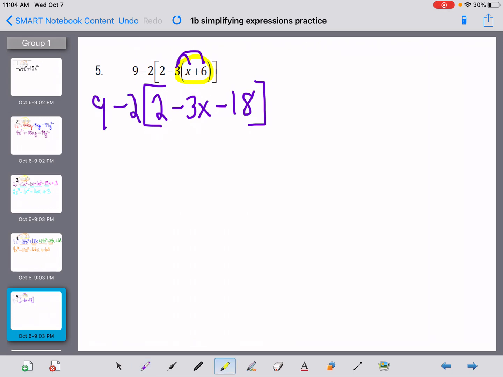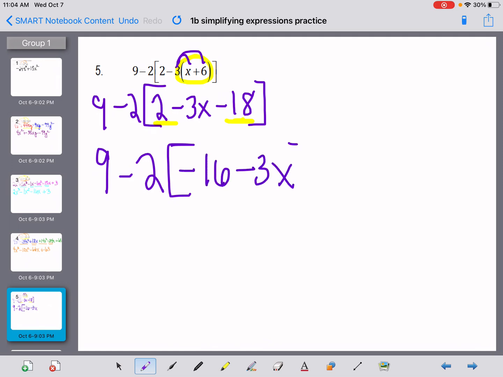So now what has to happen is we need to combine like terms, and here's our like terms. So we've got 9 minus 2, and then 2 minus 18 is negative 16 minus 3x. And then we can distribute again.